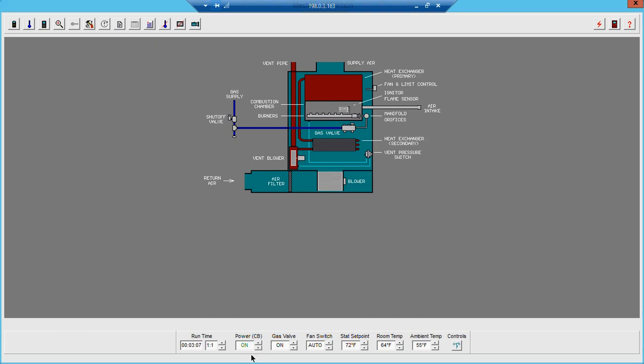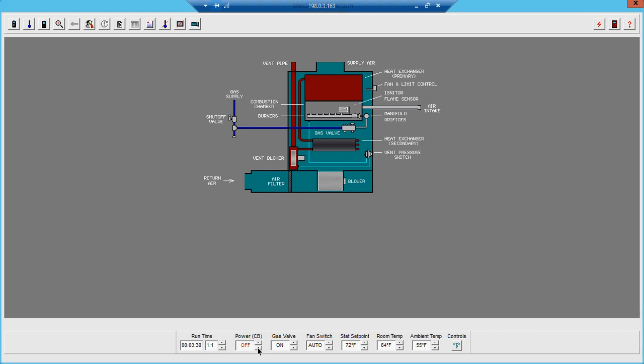So the customer is indeed telling us the truth, that this is exactly what is going on. So we know that the ignition module works, we know that our hot surface igniter works, we know that the gas valve is working, because we're firing, we're good. But what is not keeping our furnace lit?